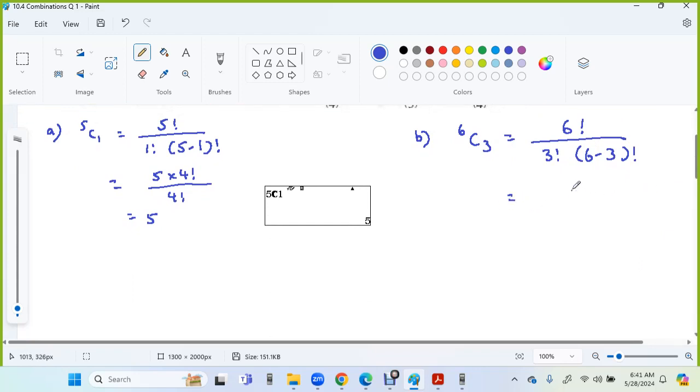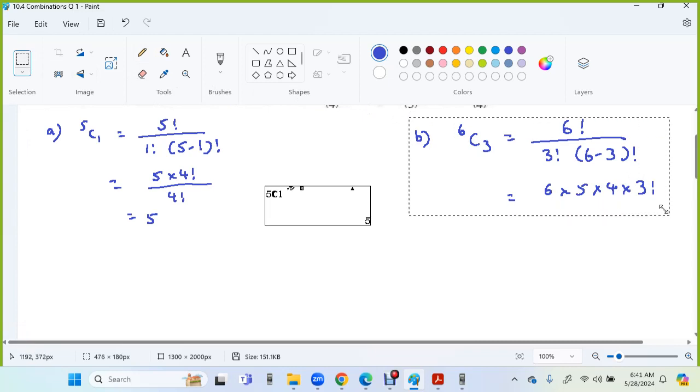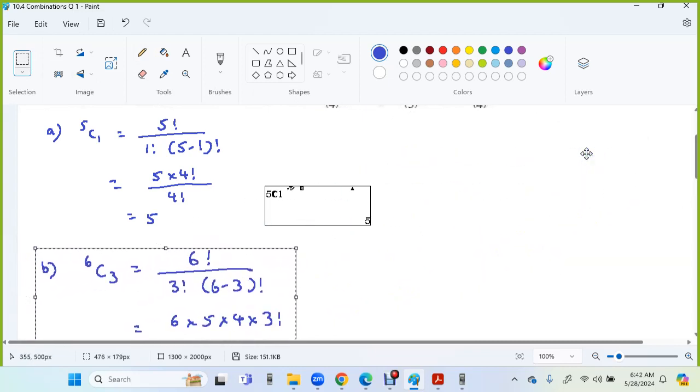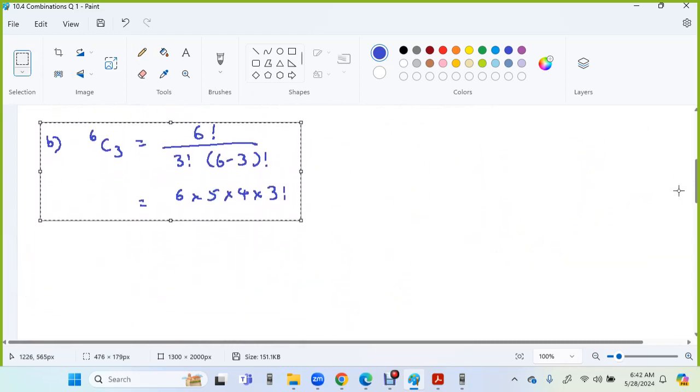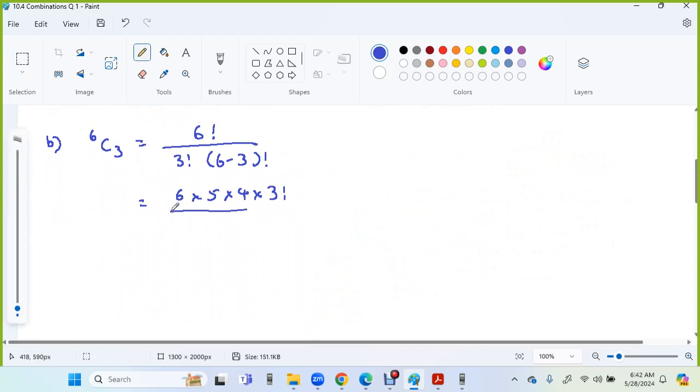So this is actually 6 times 5 times 4 times 3 factorial, divided by 3 times 2 times 1 times 3 factorial, since 6 minus 3 is 3 factorial.